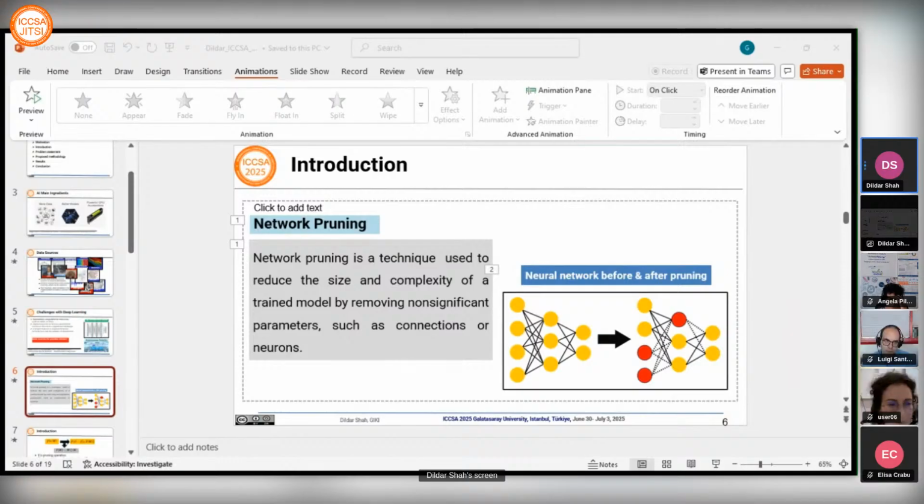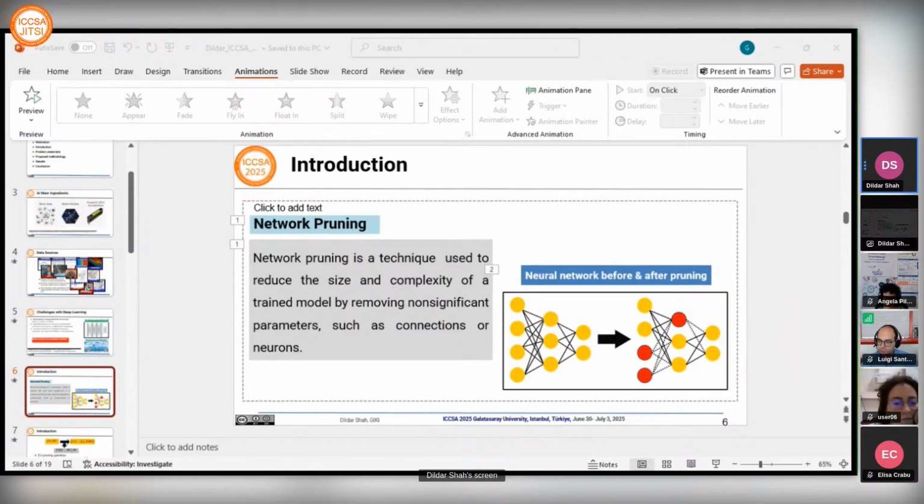So we start with an input model f with input x and weight parameters W, and we get a pruned model f tilde of x.